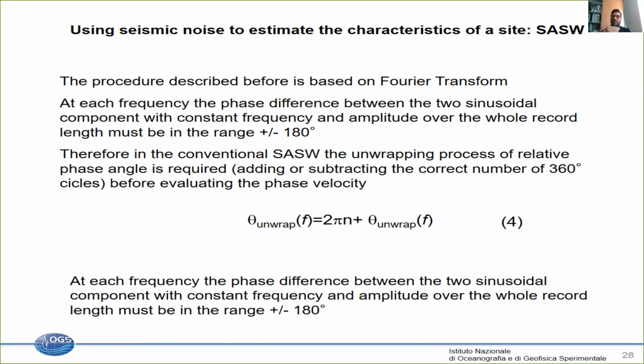So if I'm not correcting for the fact that another cycle was done before, what will happen? I have a signal, a frequency to which I give a small phase difference, but the distance is large.